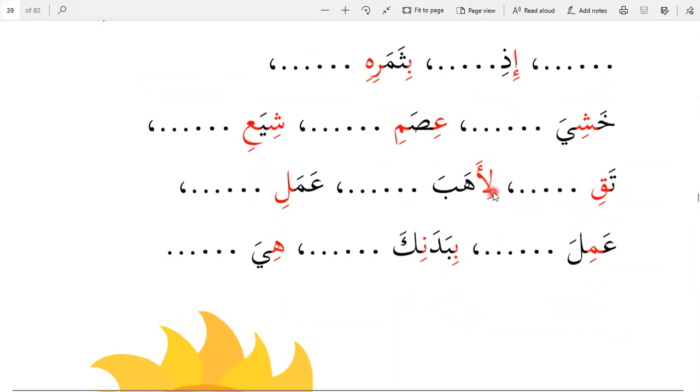We talked about this last time. This is la first, and then it's a fancy connection. Instead of connecting from the left side, they went right a little bit, and then they went to the second letter. So this is li, a, ha, ba.